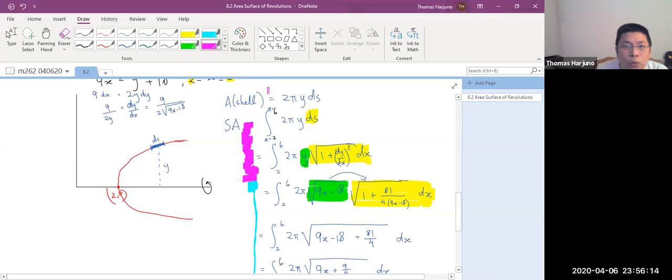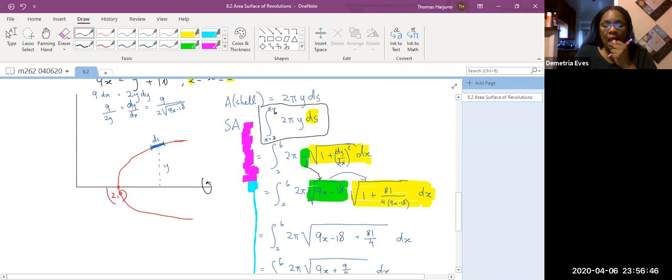Now, on the other hand, I want to quote this guy here. I may be able to do it another way. Notice that I changed my y into the square root of 9x minus 18. That's because I use dx.